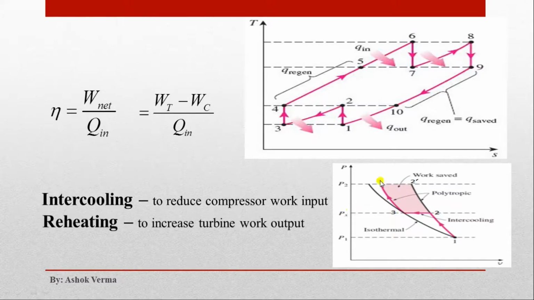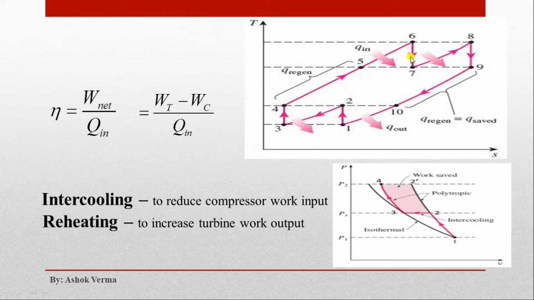And if you want to increase the work output Wt, then you will use reheating. If you are expanding the gas in a single stage, from point 6 to this point, it is an isentropic expansion, and the diagram will be like this.